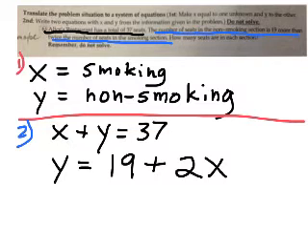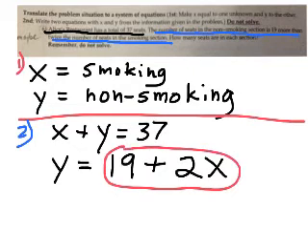Now we have two equations. We could use the substitution method or the elimination method to solve this problem. But remember, it says do not solve. This is the hard part; the other part is just kind of automatic. For instance, here we have y equals 19 plus 2x. Because that equals y, it's going to have to equal y in the other equation too, so we just stick it in for y.